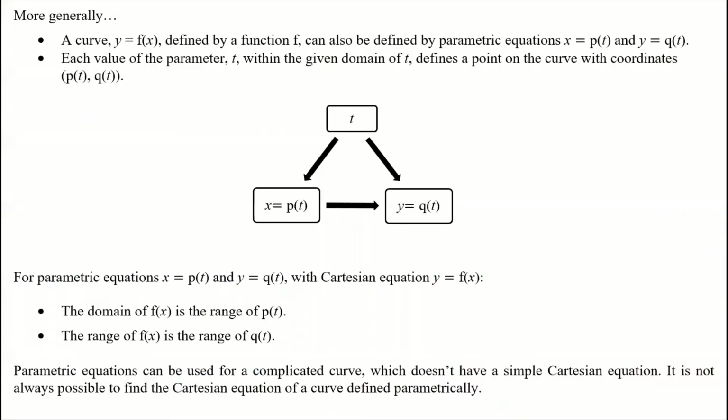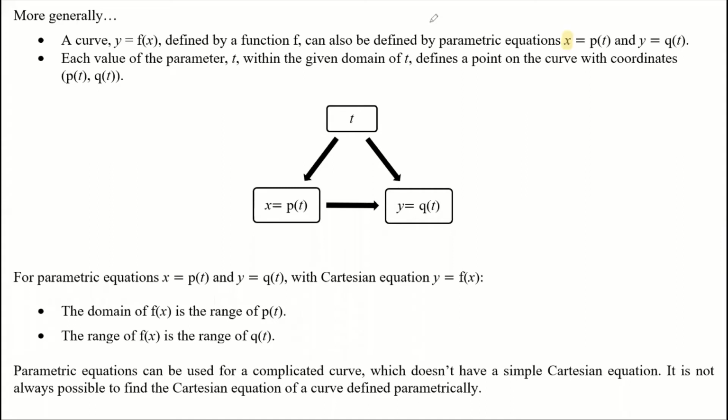Now, before we actually move on to the examples, I just want to pause and look at some general ideas to do with parametric curves. So the first 2 bullet points: generally speaking, a curve y equals f of x is a function, but it can also be defined parametrically with equations x equals p(t) and y equals q(t).